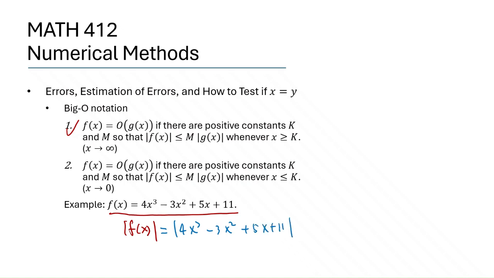By the triangle inequality, we know this is less than or equal to 4 absolute value of x cubed plus 3x squared plus 5 absolute value of x plus 11. Now, when x is greater than or equal to 11, we try to get rid of the constant.